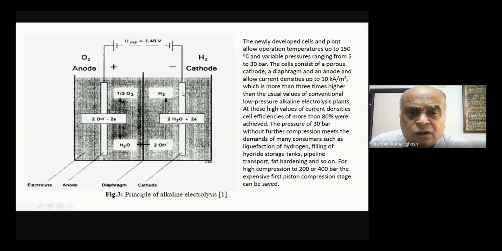It's a reduction, so it picks up those two electrons, and I form hydrogen. And what am I left with? I am left with hydroxyl ion, and that hydroxyl ion basically migrates to my anode.